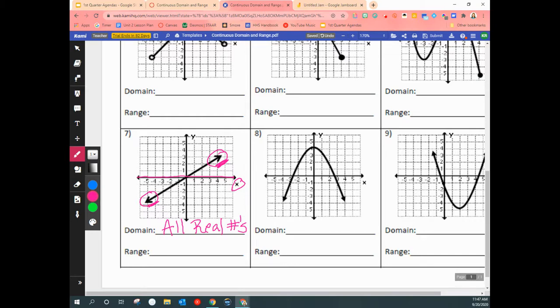Because my graph doesn't stop, I can't cut it off at any of these values, since I have arrows on both ends. It takes in every single possible number. It doesn't matter what value I choose for x, it'll be represented on that line because it keeps going forever and ever, left and right.